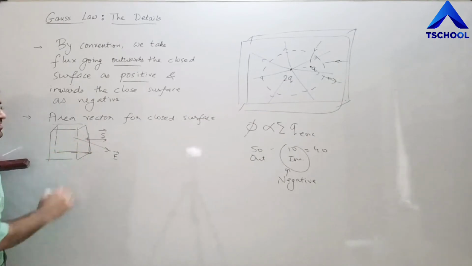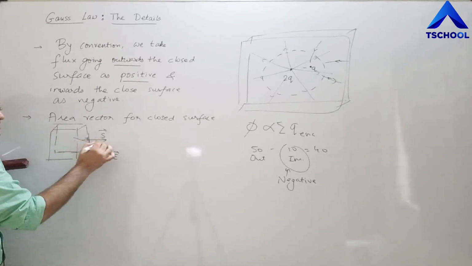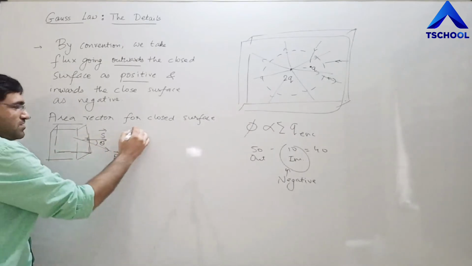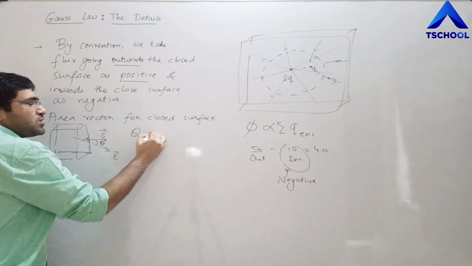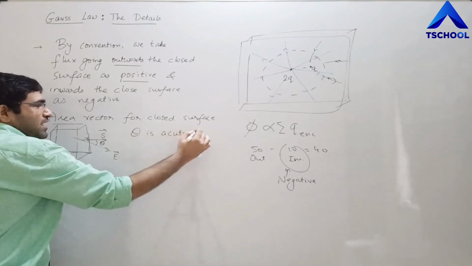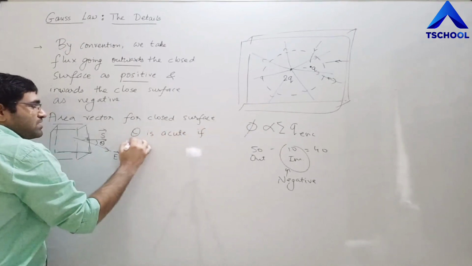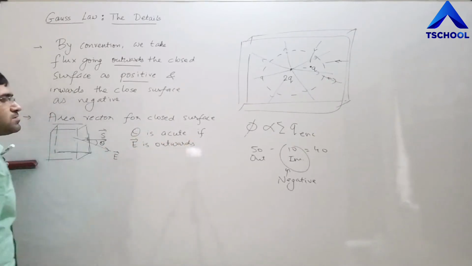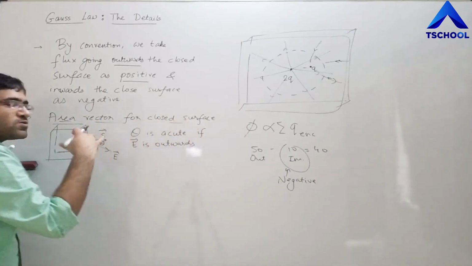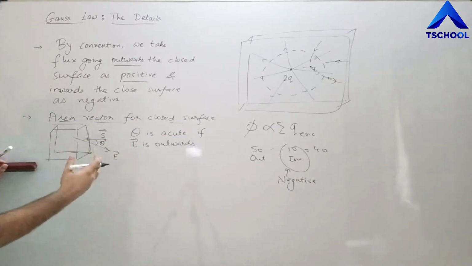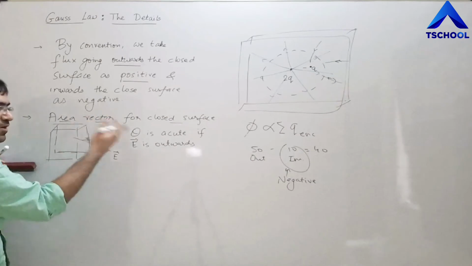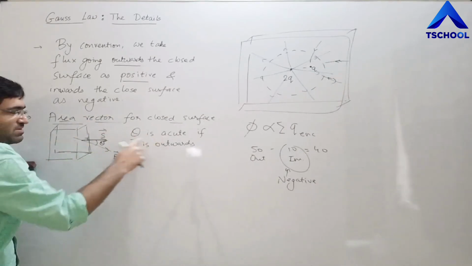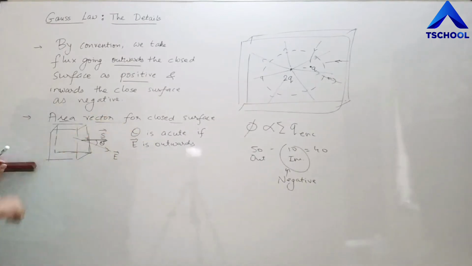In that case, the angle theta between the S and E vectors, that is the area vector and the electric field vector, will be acute. Theta is acute if the electric field is outwards. I'm sure you realize this. So if you take the area vector outwards, theta will be acute if the electric field is also outwards.